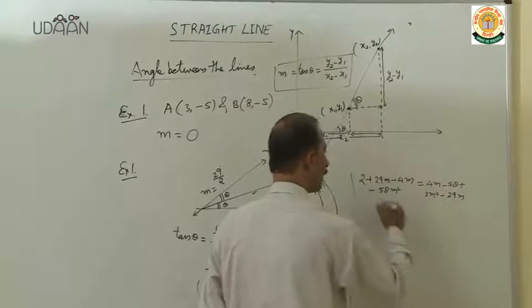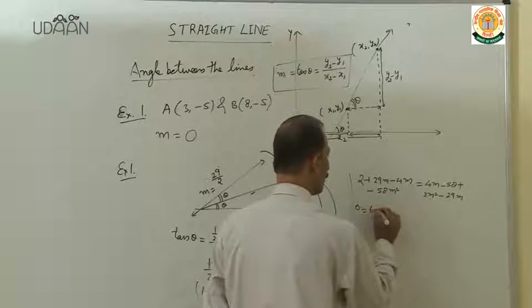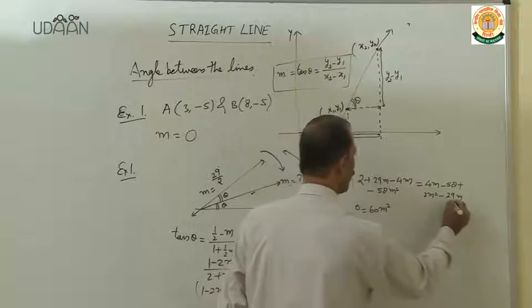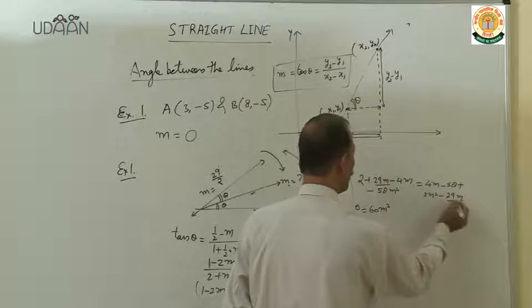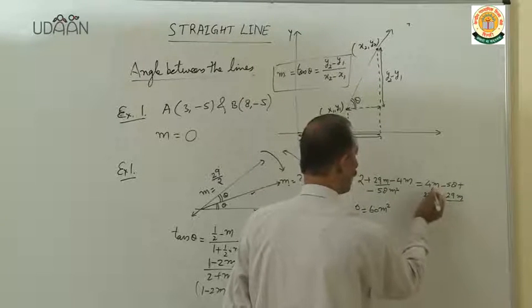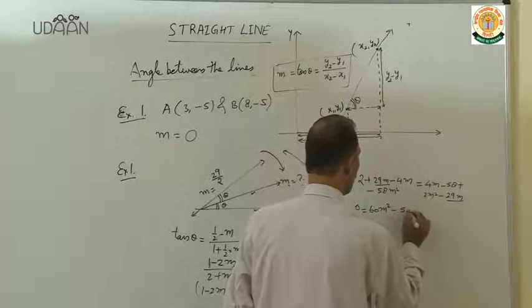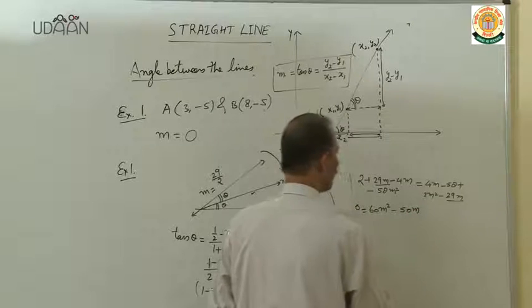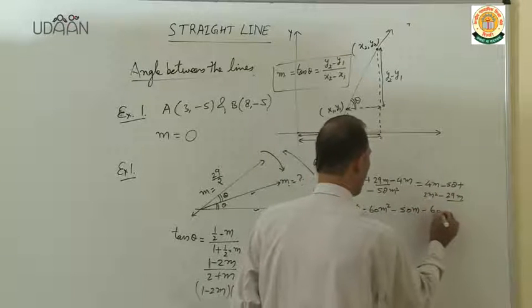Transfer all the quantities to the right hand side. You will get 58 plus 2, 60m square, minus 29m minus 29m. It becomes 58 minus 8, and minus 58 minus 2, minus 60.